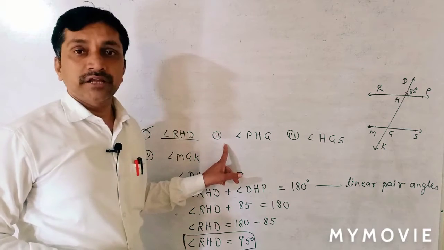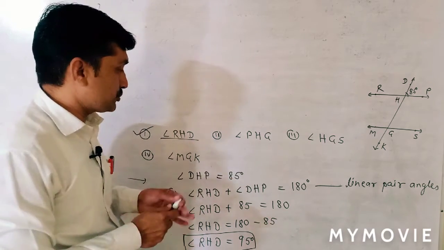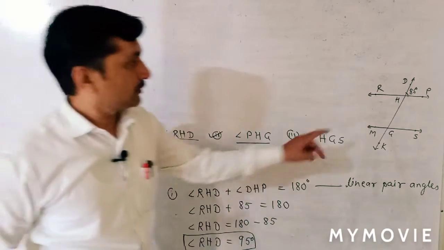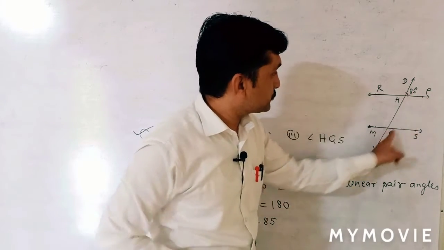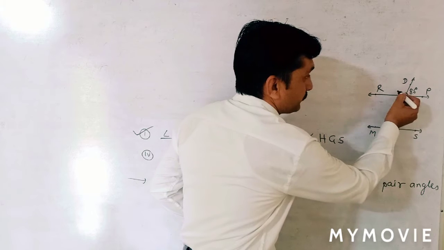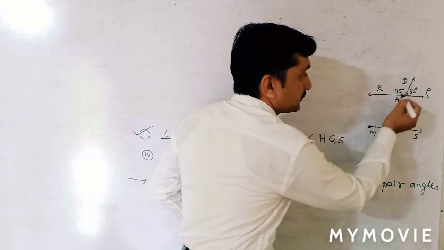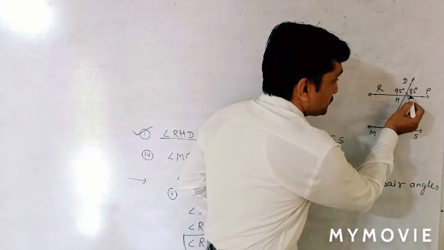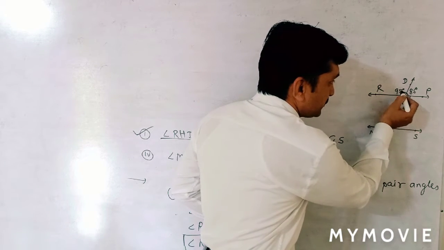Now the second angle that we want to find is PHG. Angle PHG is here. Now here we got 95. Is there any relation between these two?